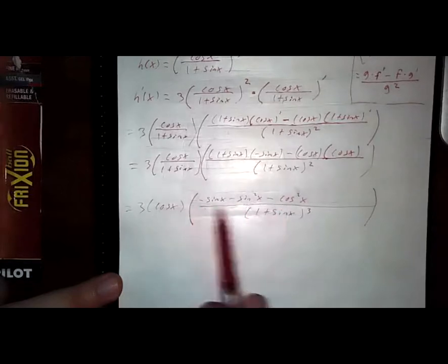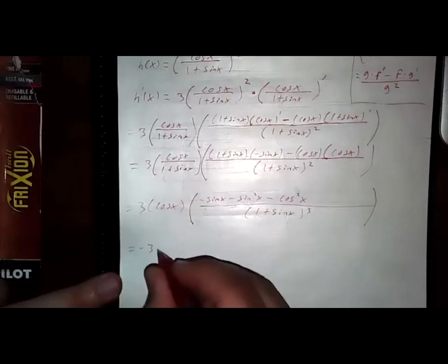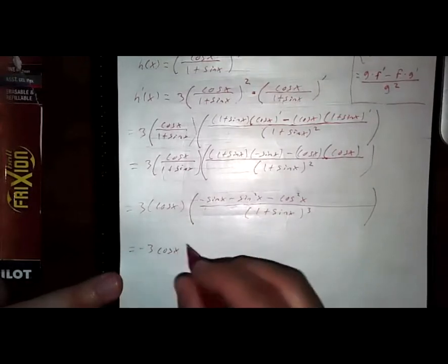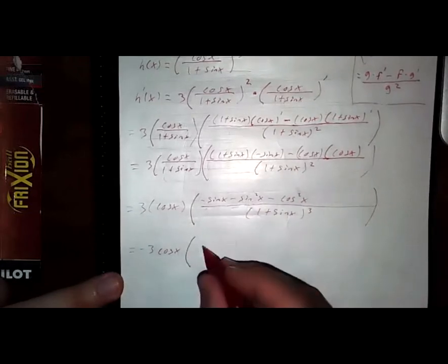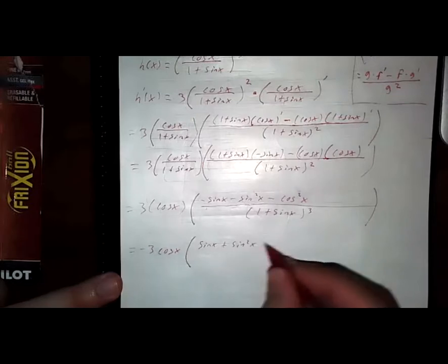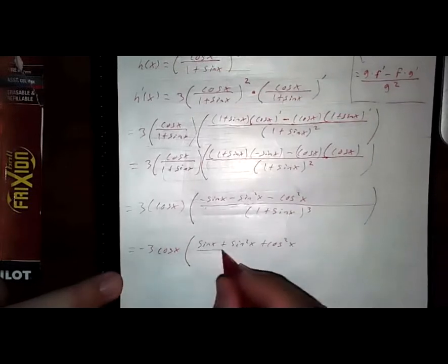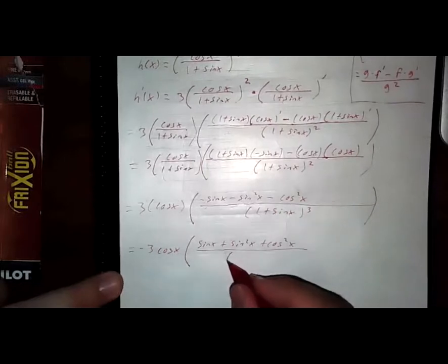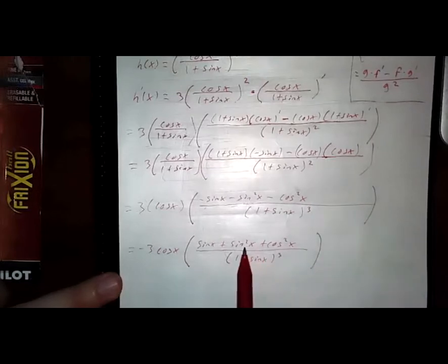Notice how they're all negative. So let's go ahead and pull this minus out over in front. So now it's -3 because I'm pulling it out completely to the front, leaving us with sine x plus sine squared plus cosine squared. But what is sine squared plus cosine squared? That's our basic trig identity, right?